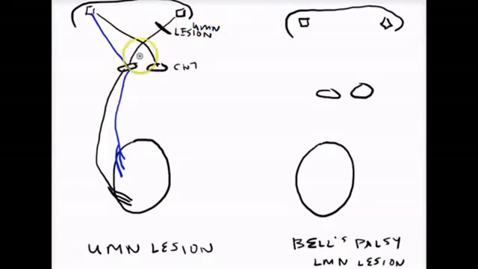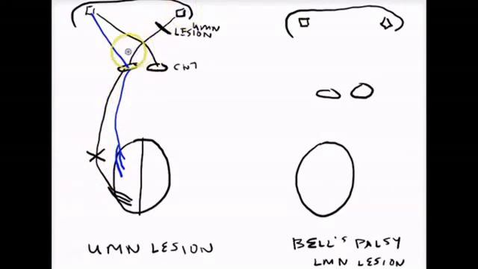Upper motor neuron is above the site of the nucleus. So we're going to see it up here. So what happens is if we follow the fiber that's going to supply the face from our contralateral side, we're going to see that it travels down to the lower portion of the face. So if we break our face in half, we see that the lower portion of the face is going to be affected because this fiber will not supply that portion of the face.